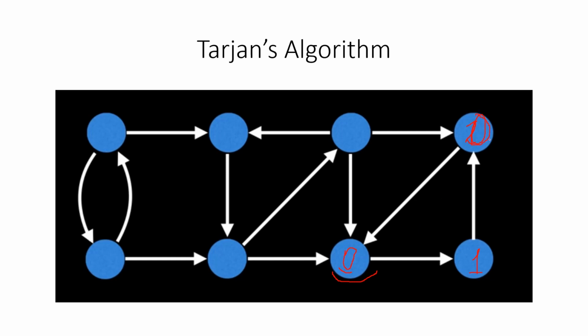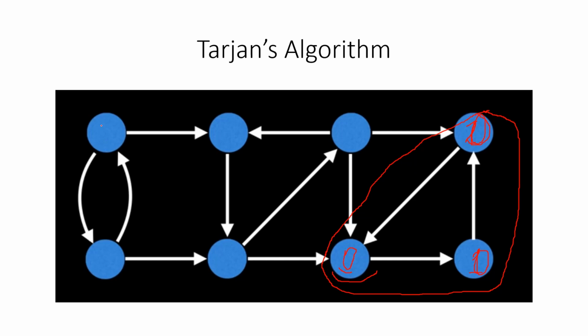And because DFS is a backtracking algorithm, from this one we go to this one, and this node has 0 as finish time, and we replace it with 0. Again we go back to 0, but we already discovered that, so this one is one strongly connected component.